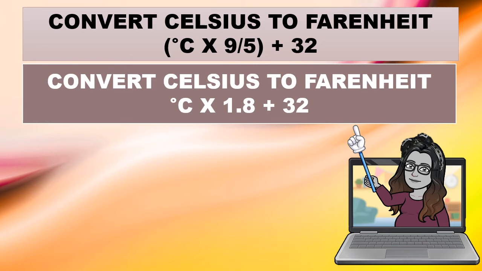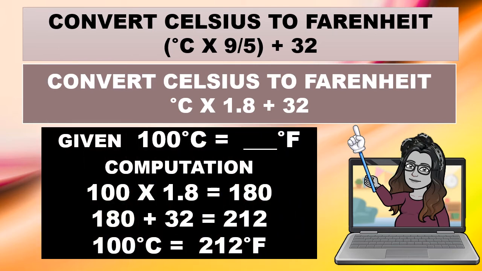Let us have our example. Our given is 100 degrees Celsius. You will convert it to degrees Fahrenheit. Our computation: 100 degrees Celsius times 1.8 equals 180.